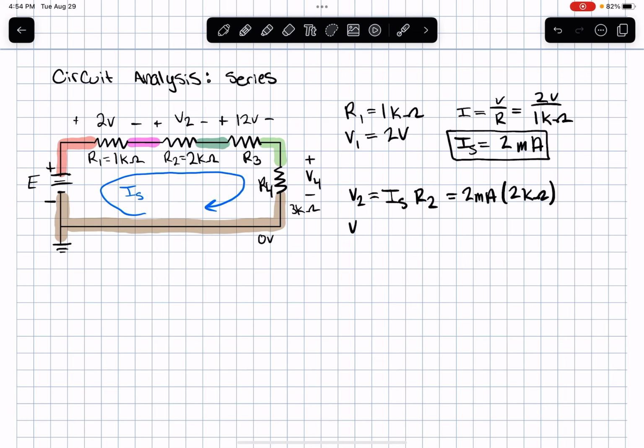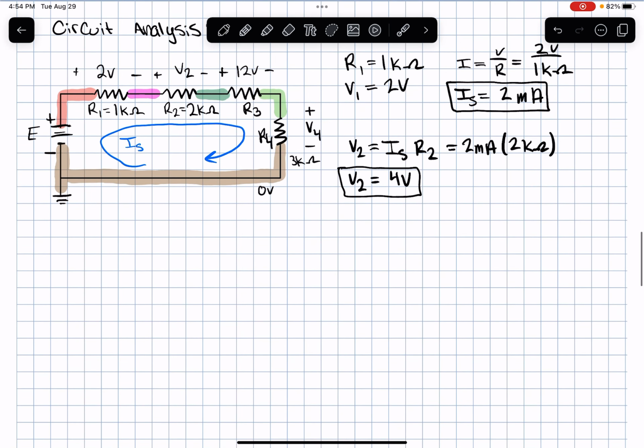And so our voltage 2 is going to equal 2 times 2 is 4. Milli times kilo, that's going to cancel each other out. And then amps times ohms is going to give us voltage. So there is our voltage for number 2.